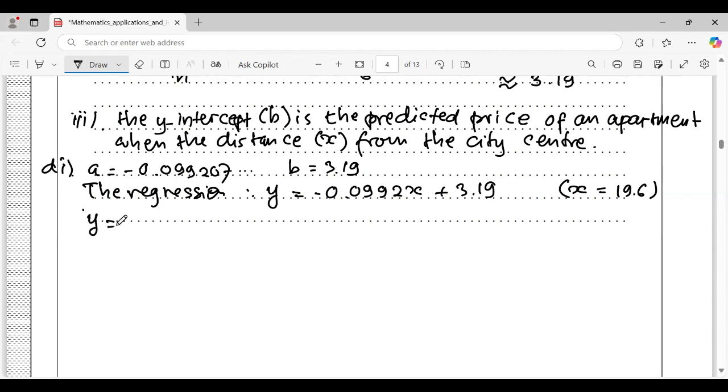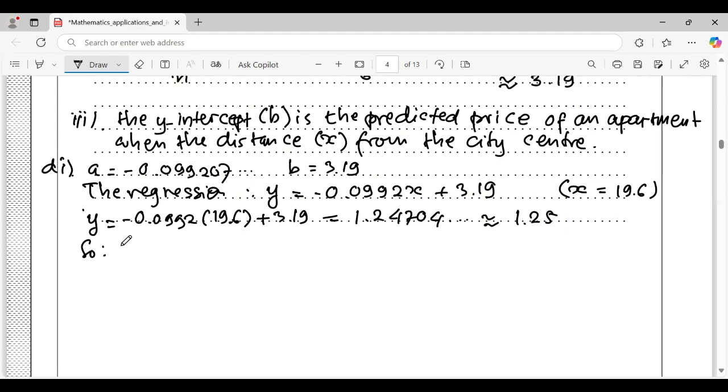It's going to be minus 0.0992 times 19.6 plus 3.19. And if you calculate, the result is 1.24704 and so on, rounded off becomes 1.25.